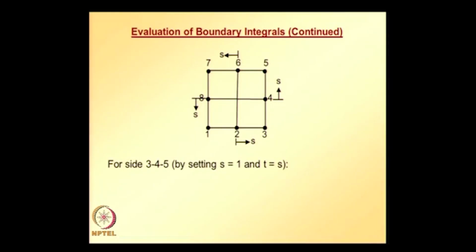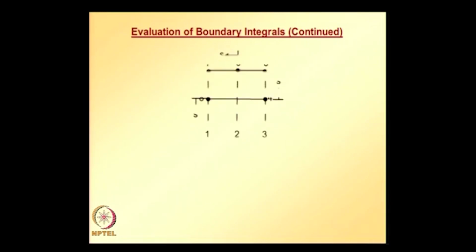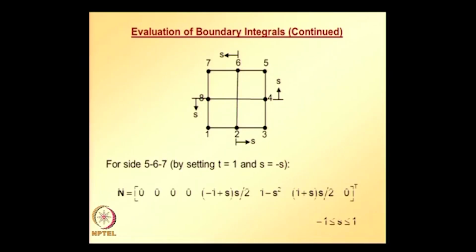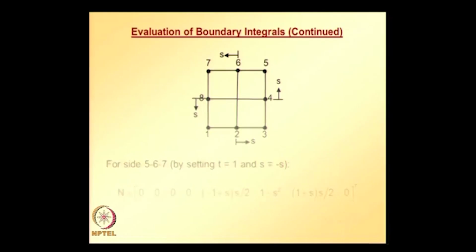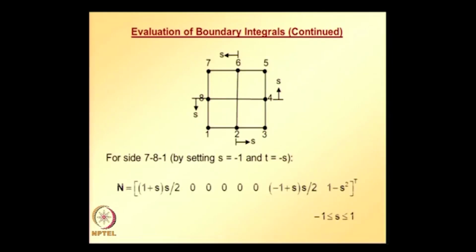Similarly for side 3, 4, 5, side 5, 6, 7, and for side 7, 8, 1. So we got the shape function vector along each of these sides.